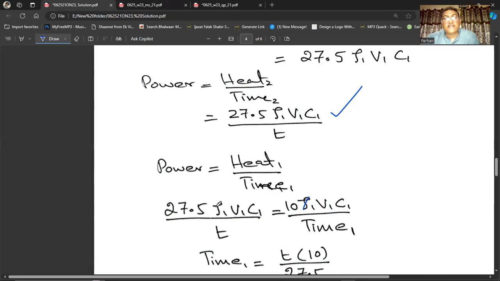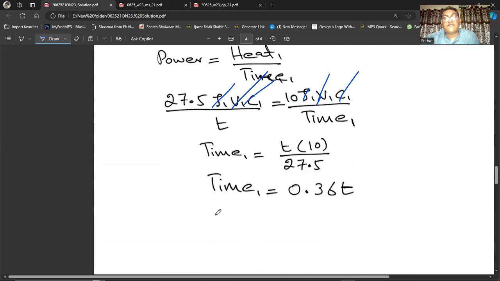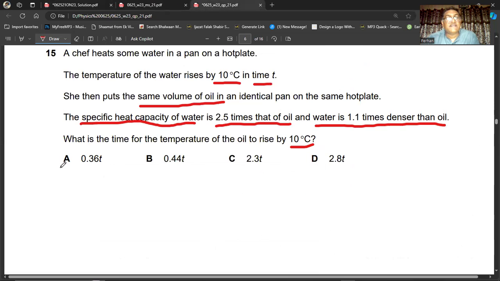So ρ and ρ cancel, volume and volume cancel, then C and C cancel, and you are left with time 1 equals T multiplied by 10 divided by 27.5, and that time will be 0.36T. The choice is A.